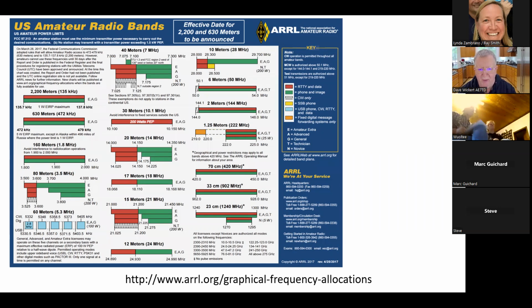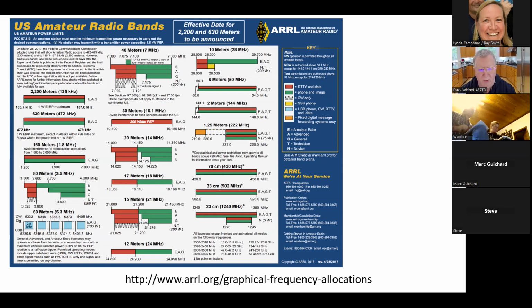Some of these bands have evolved over time, particularly the higher frequency bands, as radio communications equipment has gotten better and better. We've been able to use higher and higher frequencies. So these bands have come into use because the equipment has evolved over time.